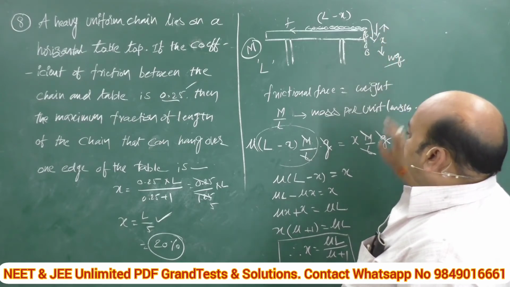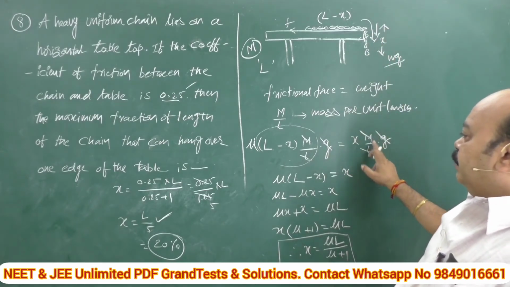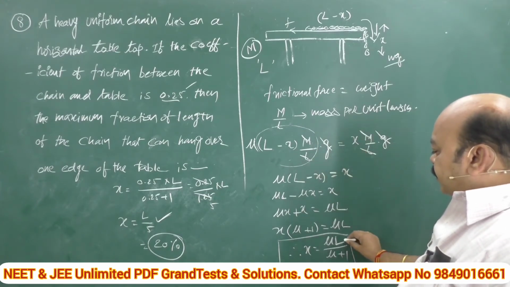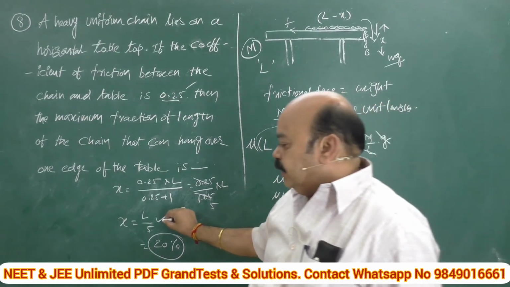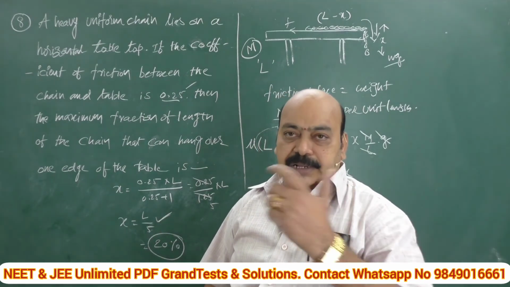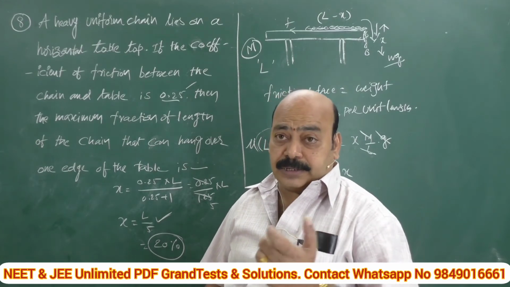Its mass is its length x, into M by L, the mass per unit length, and g. After cancellation, we can establish this condition. From this we can calculate the fraction or the percentage of the chain that can be hanged without skidding.